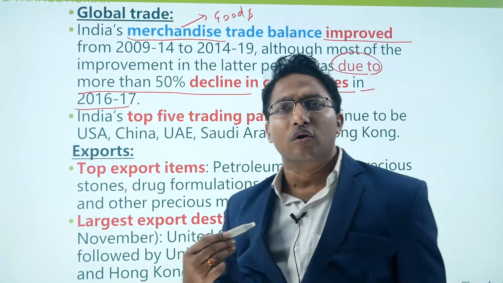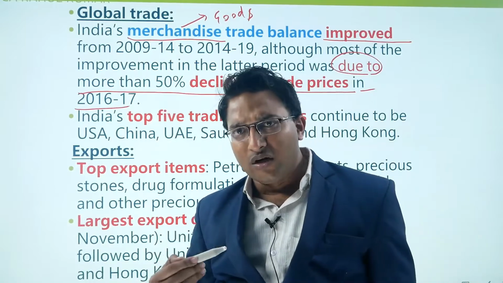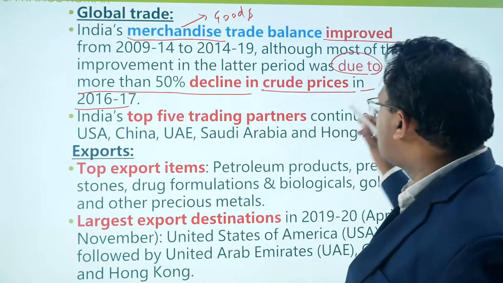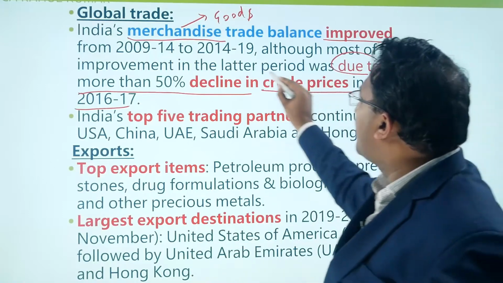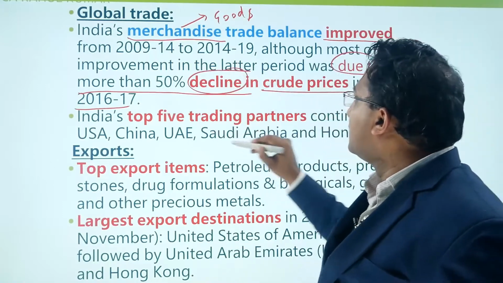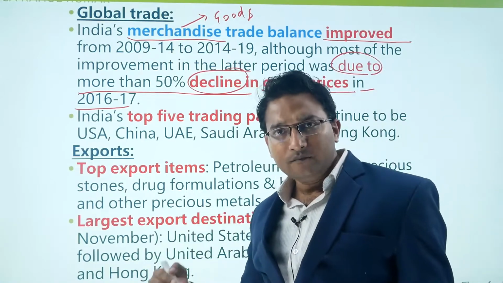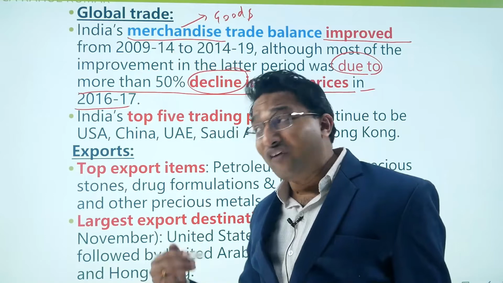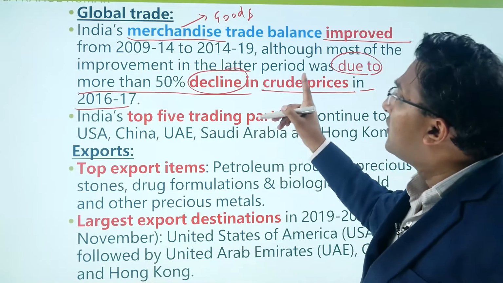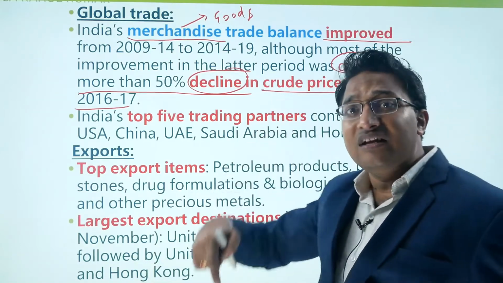So crude petroleum is the major item of import, and because there is a decline in the crude oil prices, therefore the value of imports drastically went down.